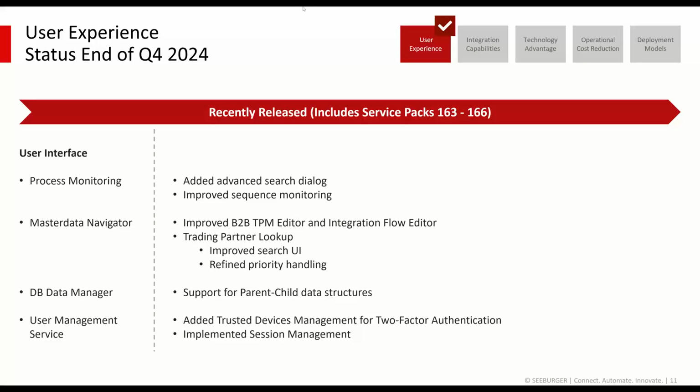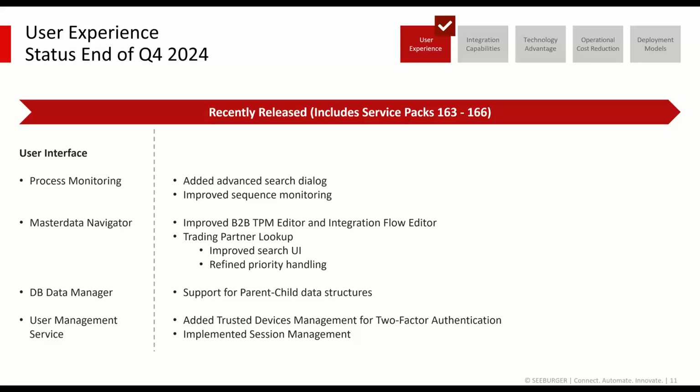Let's start in the area of user experience. What have we now shipped in the recent release? Frequently asked for in process monitoring is the advanced search and better search tools to make it easier and more familiar to search for process data. We've also improved the sequence monitoring in this area.